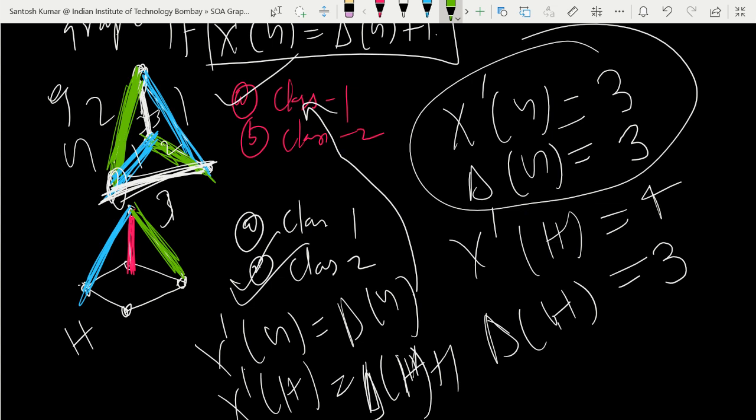And you can give color 1 here, color 2 here, and this color here. Now see the last edge.